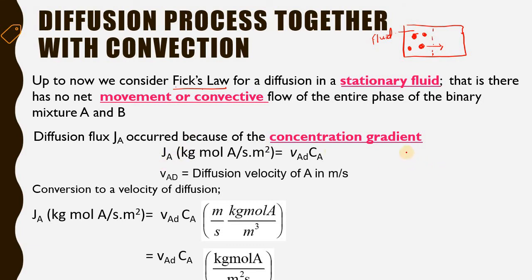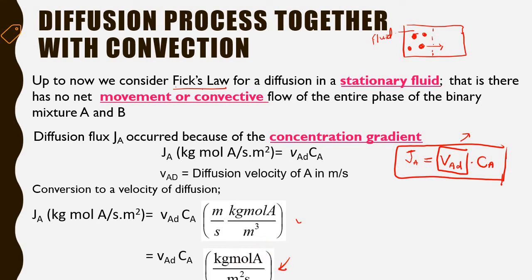JA, the flux of A, is equal to the diffusion velocity of A times the concentration of A. This is the equation if component A moves due to the concentration gradient. JA is equal to VAD times CA.